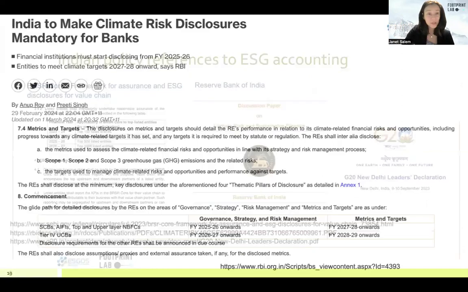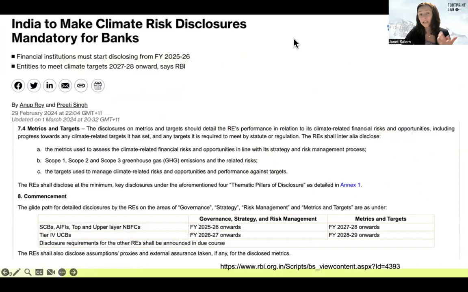But since then, it was quite interesting to see that India made climate risk disclosures mandatory for banks. Again, a phased implementation, but starting from the next financial year. So that was the headline.